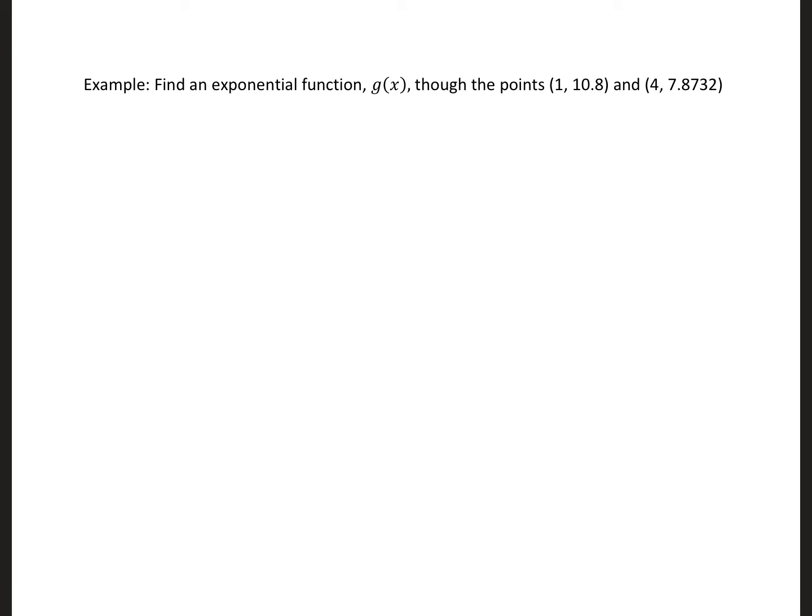Let's try and do something similar now, but for an exponential function. So in this exponential function, we want to try and write a g of x function. We're going to use the fact that we know exponential functions grow proportionately to begin by solving for b.